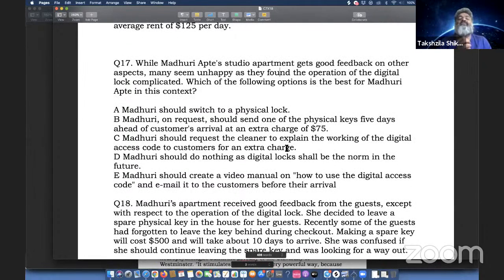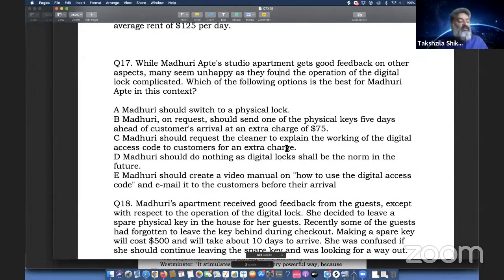Now let's look at the question. And before I give my reasons, I'm waiting hopefully for some answers in terms of what you think about the situation. While Madhuri Apte's studio apartment gets good feedback on other aspects, many seem unhappy as they found the operation of the digital lock complicated. Which of the following options is the best for Madhuri Apte in this context?